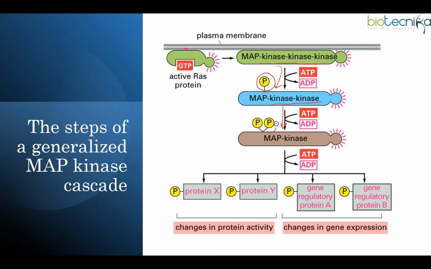In the second step, 2 phosphate groups will be attached, and then MAP kinase will be able to phosphorylate some target proteins. So you can have a change directly in the proteins, changing the metabolism, regulation, and you can also have phosphorylation of some regulatory proteins which will affect gene expression also.